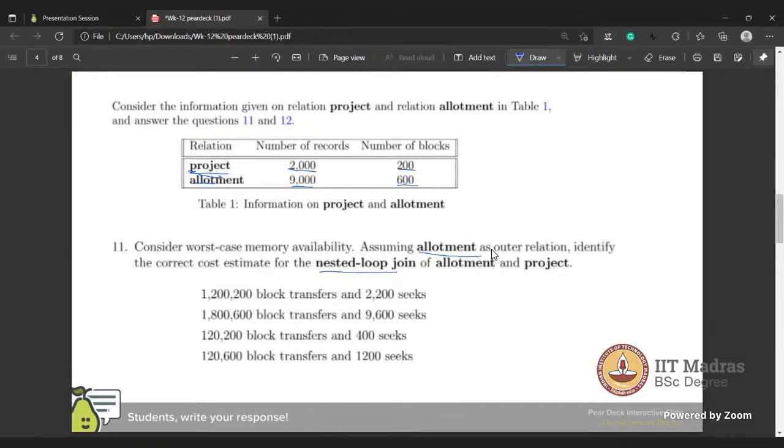If anyone remembers the formula, what is the formula for block transfers for nested loop join? Anyone?